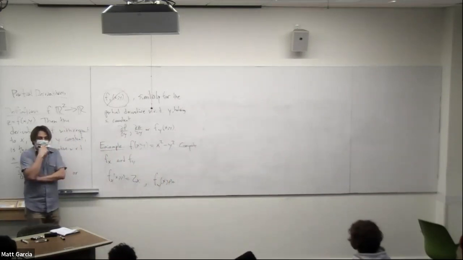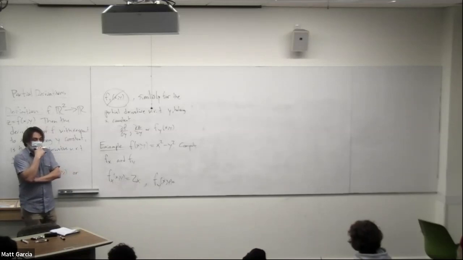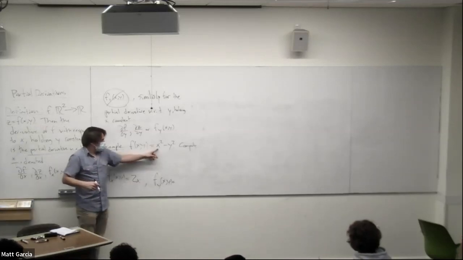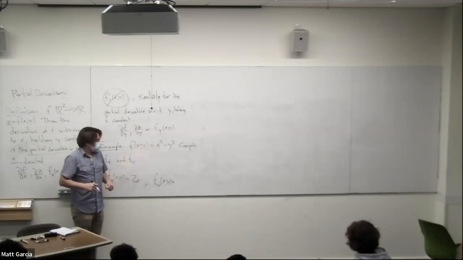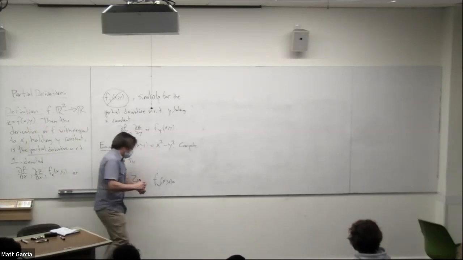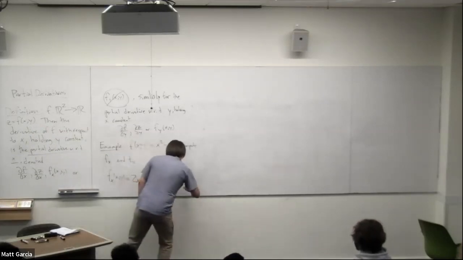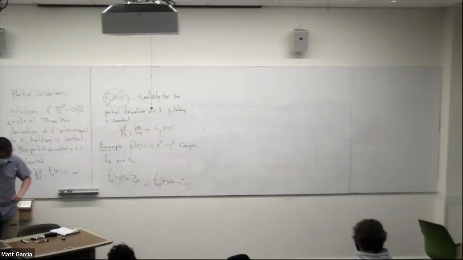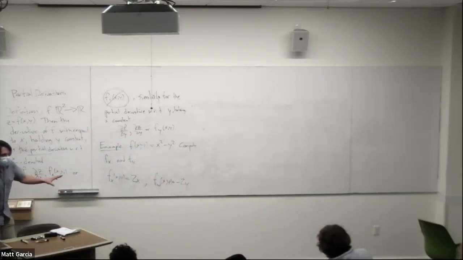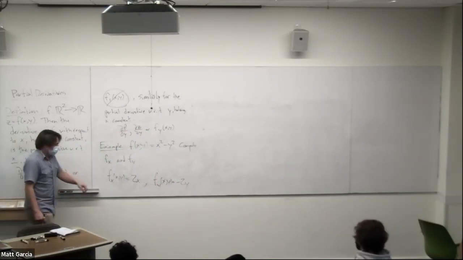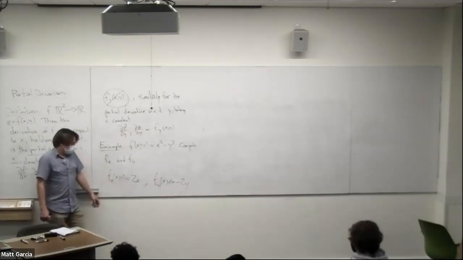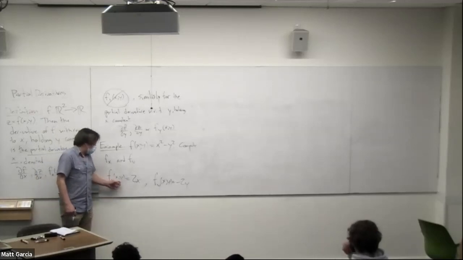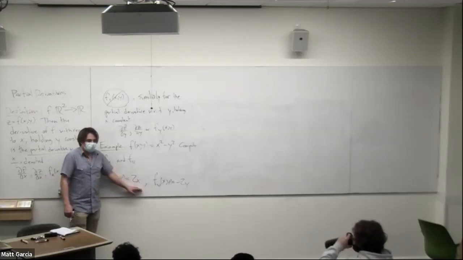Yes. Yeah, exactly. So if you're very observant, this might seem counterintuitive, right? I've written this as the partial derivative with respect to x as a function of x and y, but only x appears.